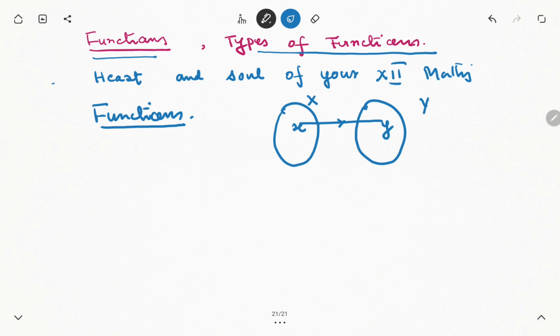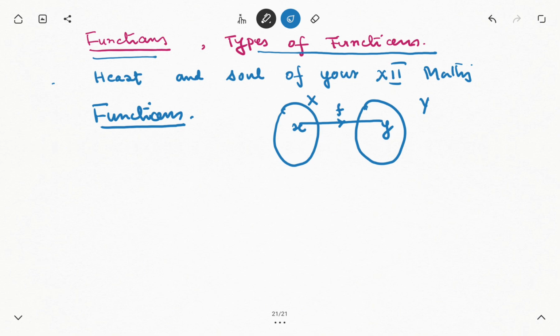So this is how a function is defined. This is very important: every relation is not a function, but every function is a relation.